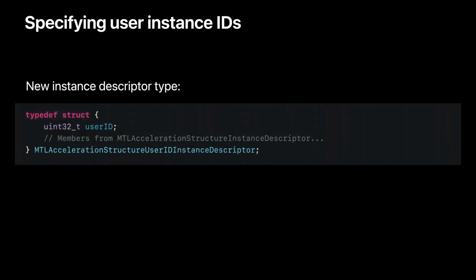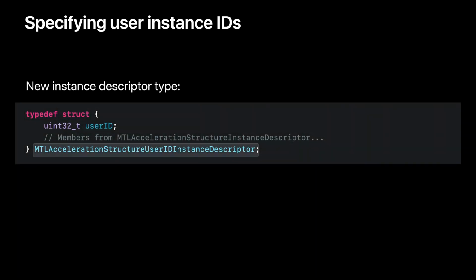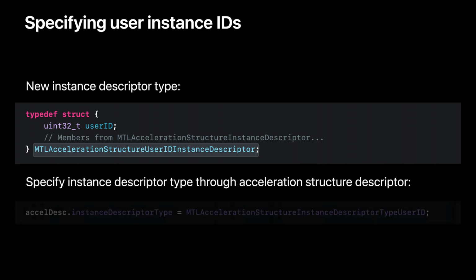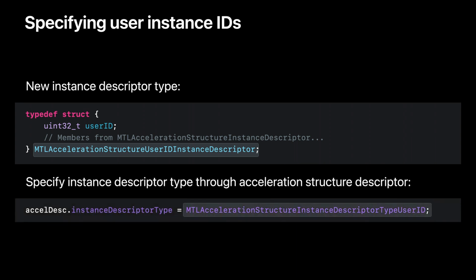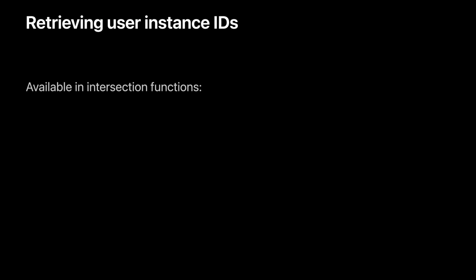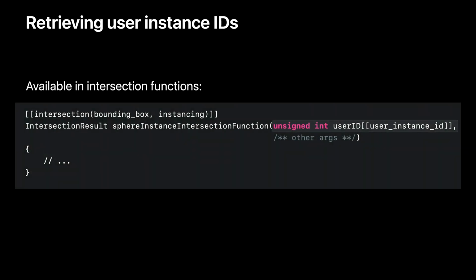We have created an extended version of instance descriptor type that is used to specify these IDs. Make sure you specify which type of descriptor you're using on the instance acceleration structure descriptor. In the shading language, the value of the current user instance ID is available as an input to intersection functions with the instancing tag.